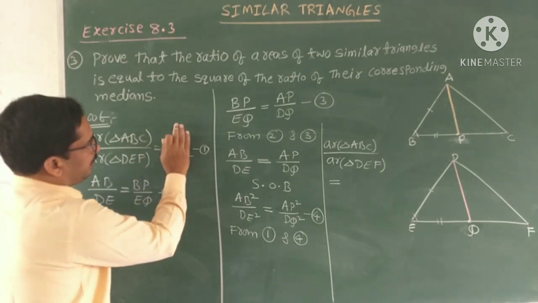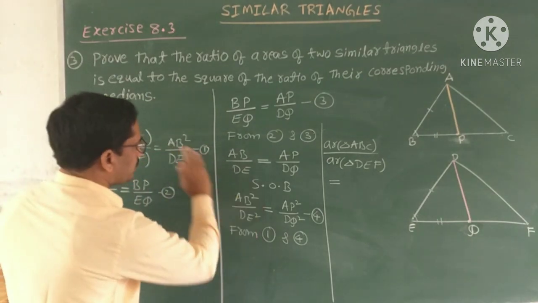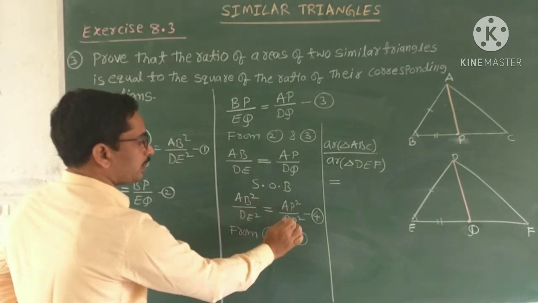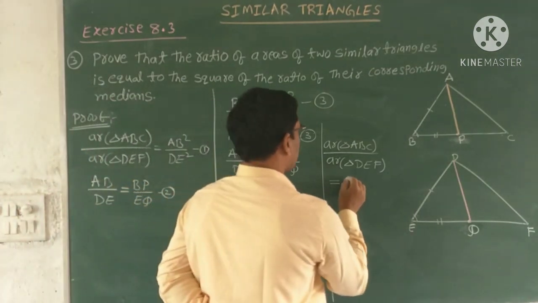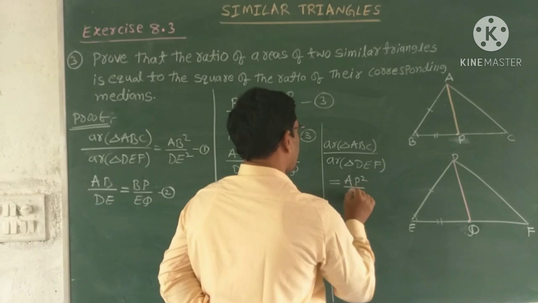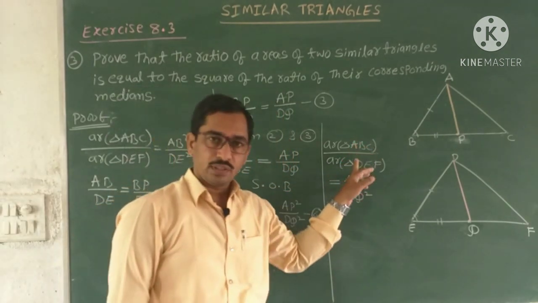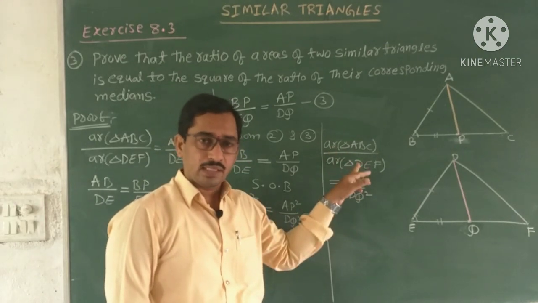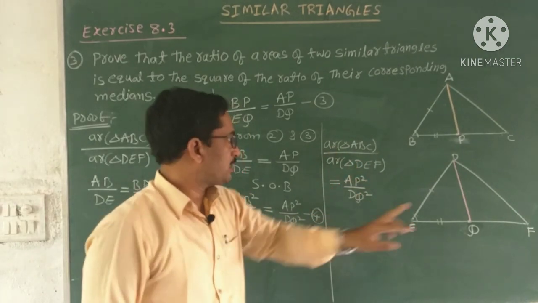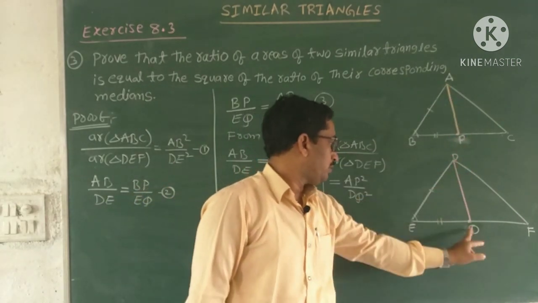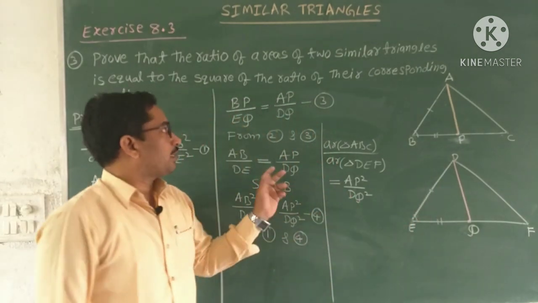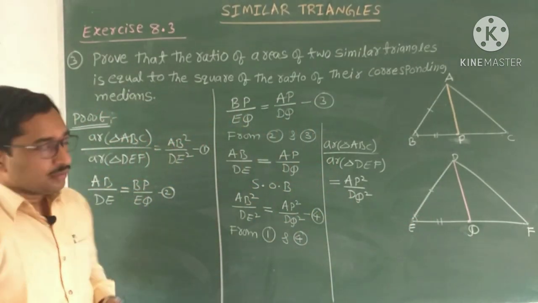But the AB square by DE square value is AP square by DQ square. So it is equal to AP square by DQ square. So the ratio of the areas of two similar triangles is equal to the ratio of the squares of their corresponding medians. AP is the median and DQ is the median. So this is the complete solution of the third problem.